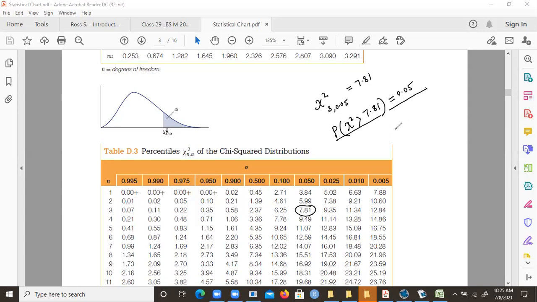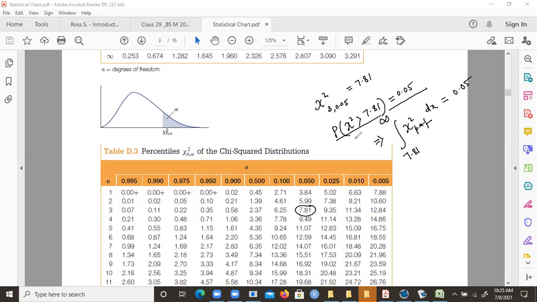That means you have some probability distribution, some PMF of chi-square, which I denote by chi-square PMF, and you are going to integrate this from 7.81 to infinity dx, or some other integrand variable you can use. This probability is coming out as 0.05.